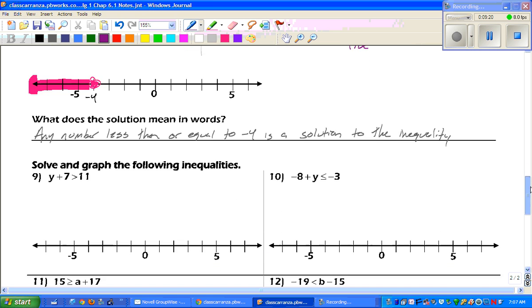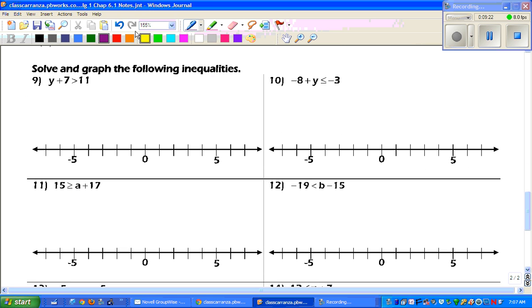All right, let's go through some of these. So I'm going to draw the line down the middle. To solve, I would subtract 7 to both sides, and we get y is greater than 4. So at 4, we have an open circle, and we shade to the right. Okay, number 10.